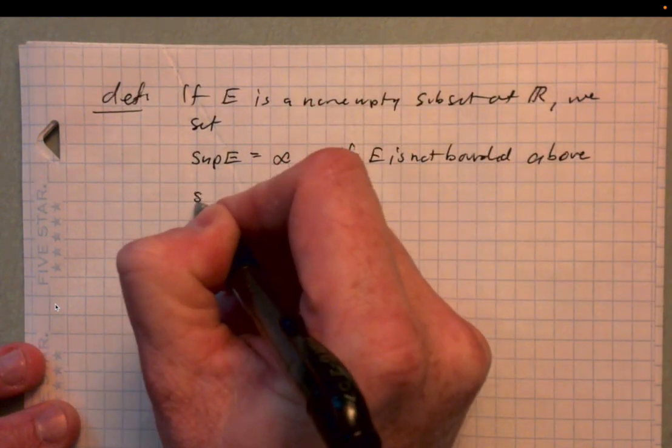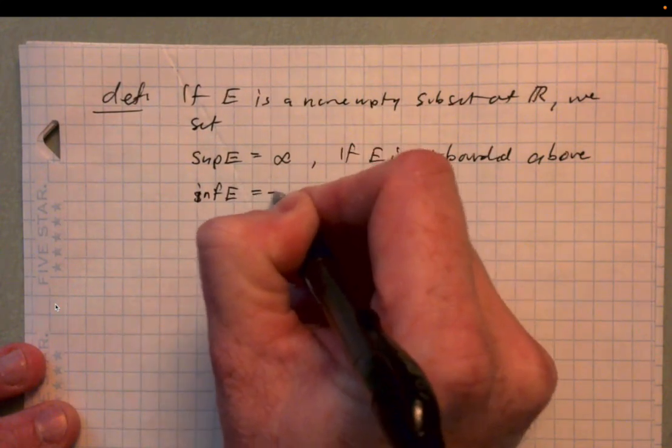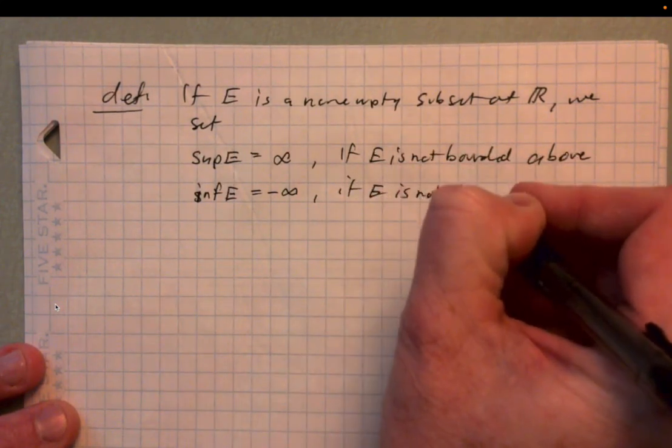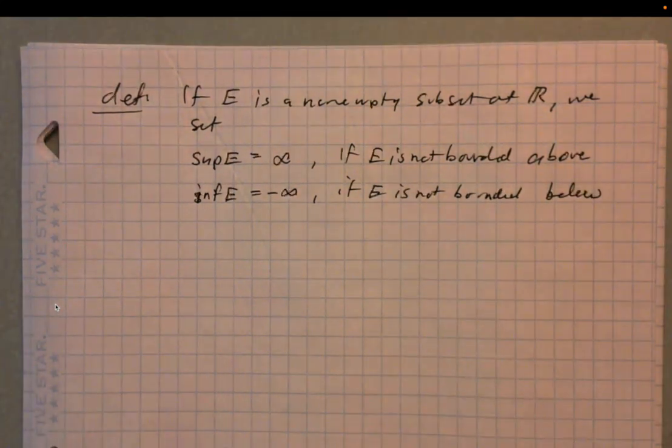And we set the infimum of E equal to negative infinity if E is not bounded below. That should be intuitive. If a set has no upper bound, then we simply define the least upper bound to be positive infinity. And if a set is not bounded below, we likewise set the infimum equal to negative infinity. And I think that's intuitive.